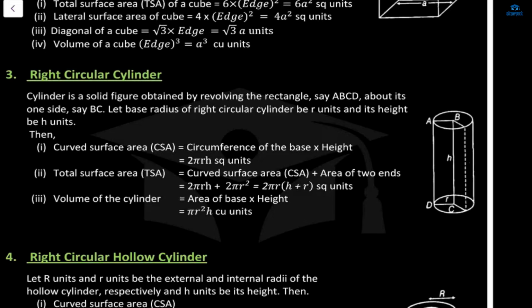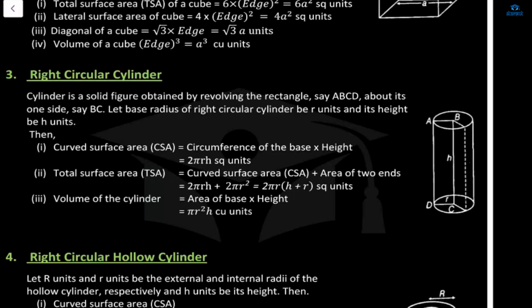In the figure, ABCD is a rectangle, and keeping BC fixed, if you revolve the AD side around it, it will form a cylinder. Or you can say, you take a base circle and a top circle, and then join them with lines, so that is also a cylinder.